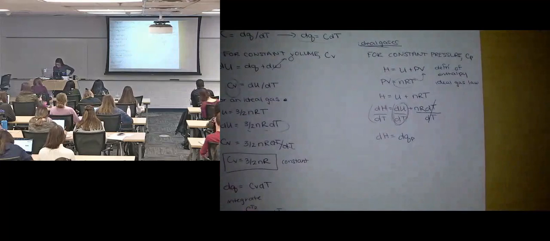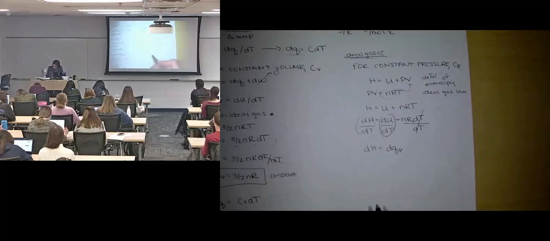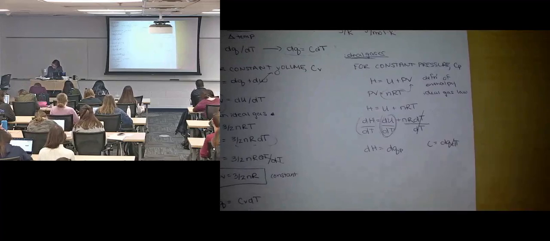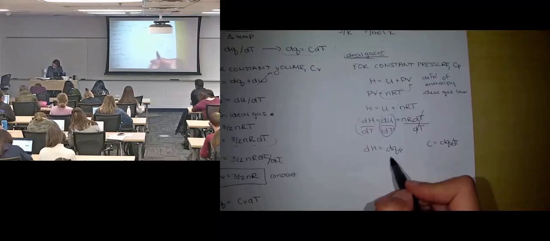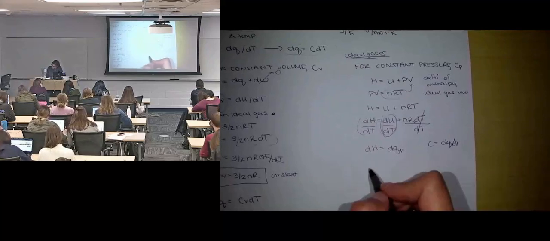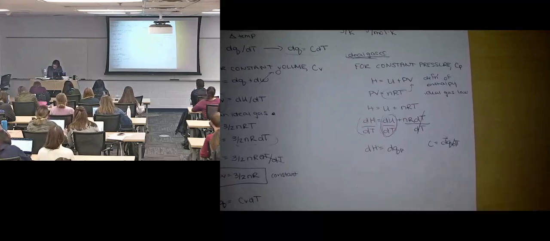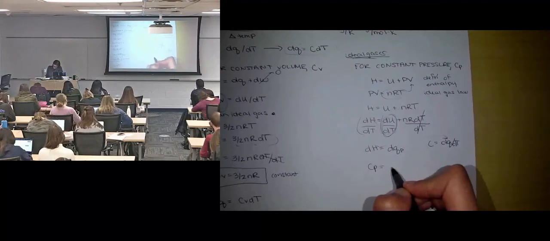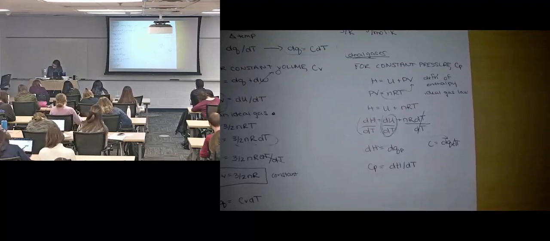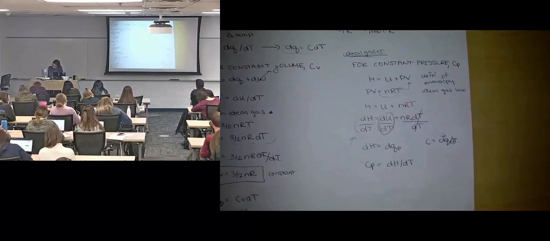And dH/dT is the definition of our constant pressure heat capacity. Okay. C is equal to dq/dT, but dH is equal to change in heat at constant pressure. So we can plug this in for this piece here. And we can say that constant pressure heat capacity is given by dH/dT.